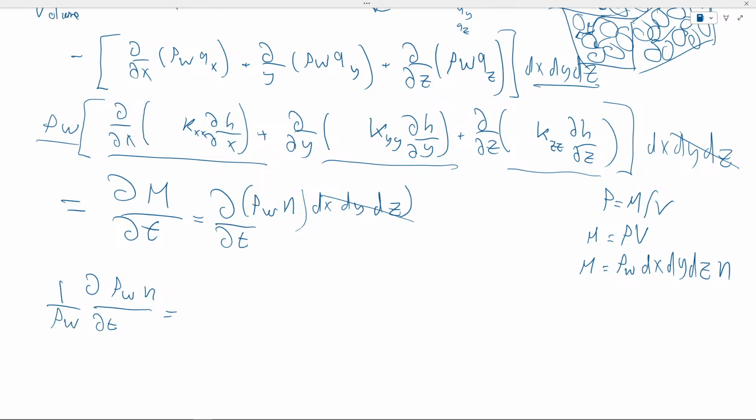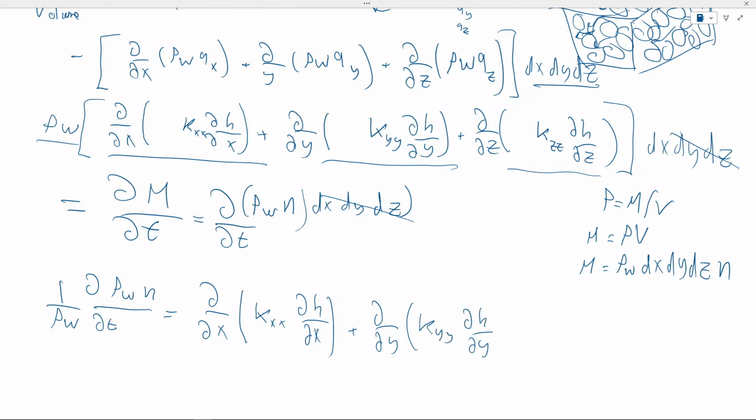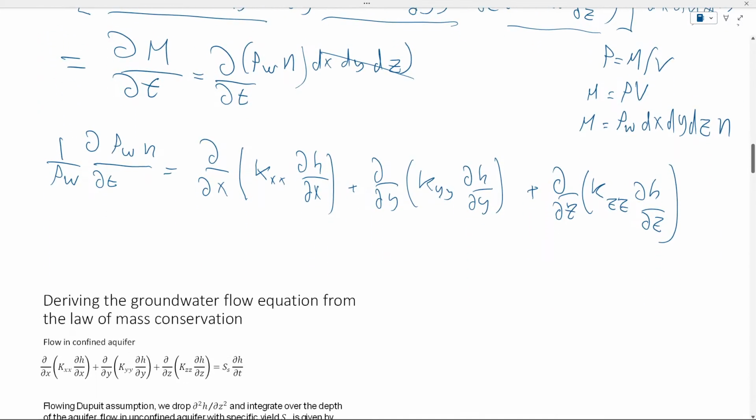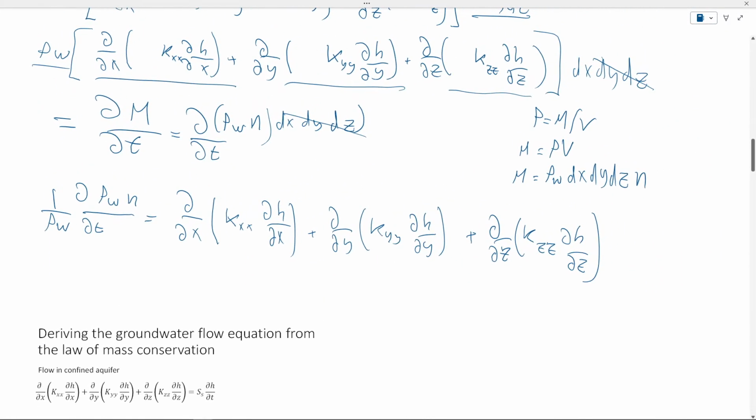That is equal to partial x of Kxx partial h partial x, plus partial y of Ky partial h over partial y, plus partial z of K in the z direction partial h partial z. So I can get to an equation that looks something like this.